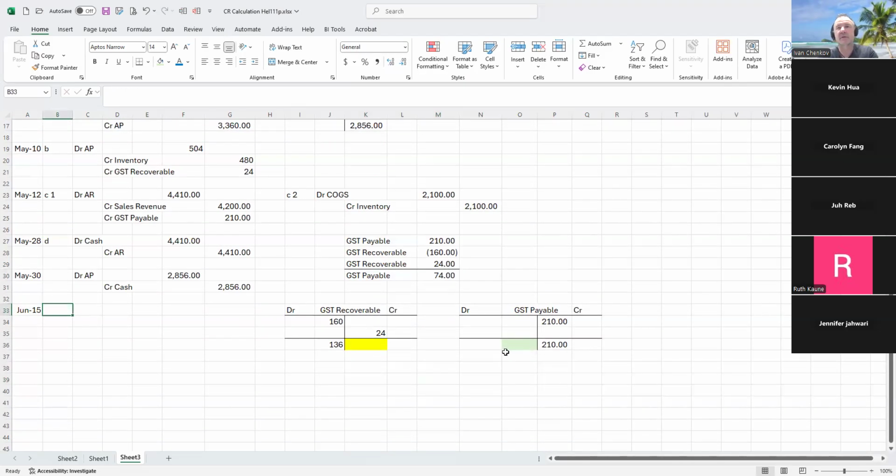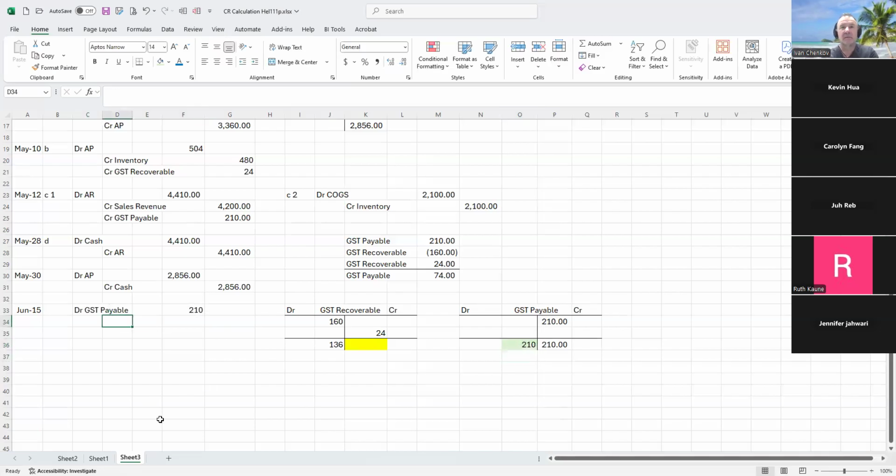Let's close the GST payable first. Debit GST payable. The amount that we're going to put here is exactly the same, 210.